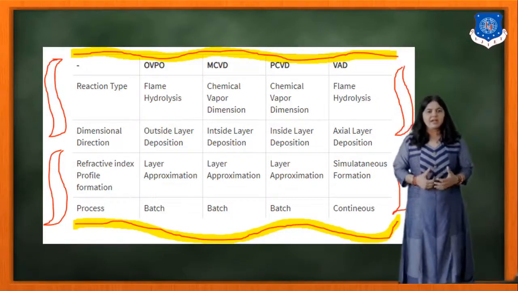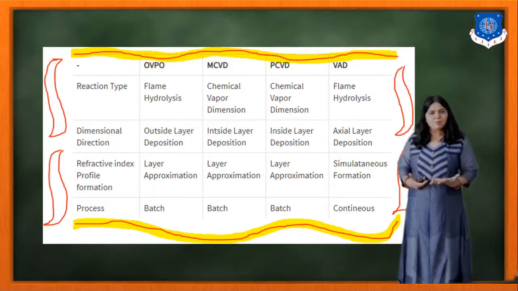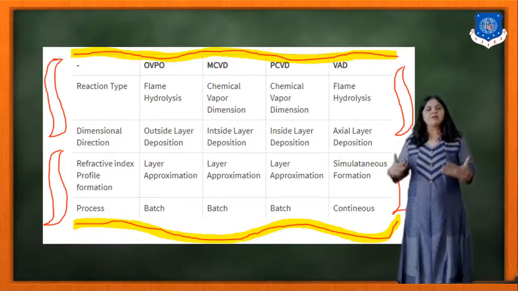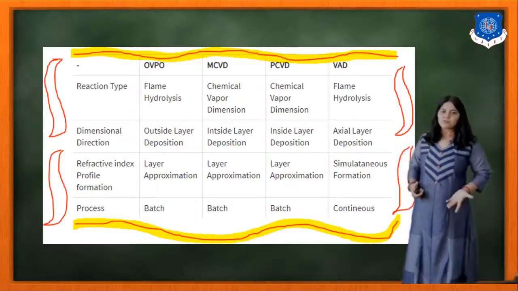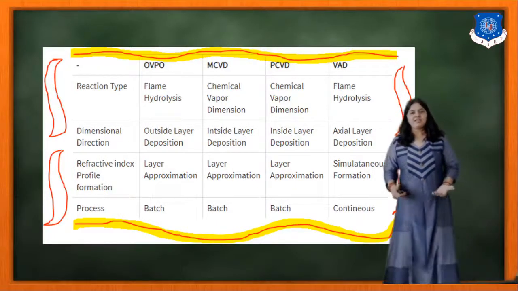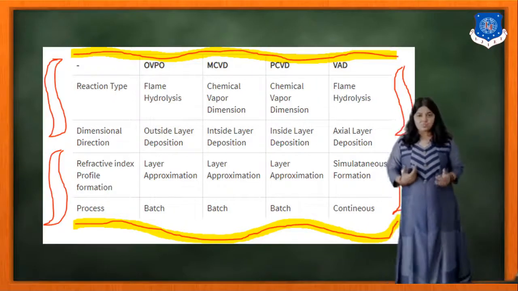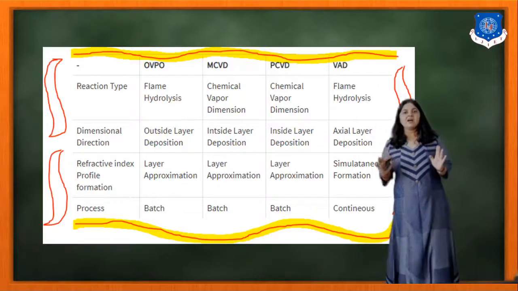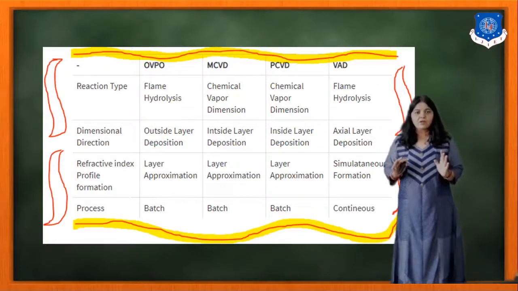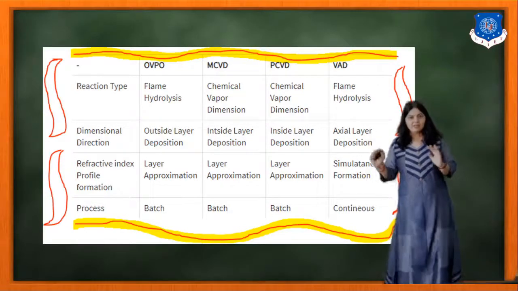Okay, so in that the OVPO is a batch process, MCVD is again a batch process, PCVD is a batch process, and the VAD is the continuous process. So this is about fabricating the fiber using the various methods.